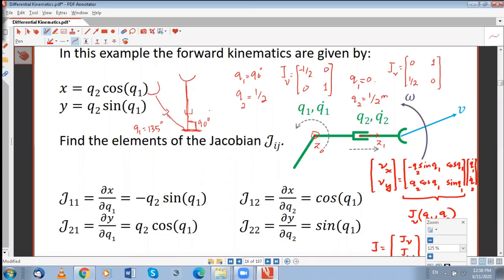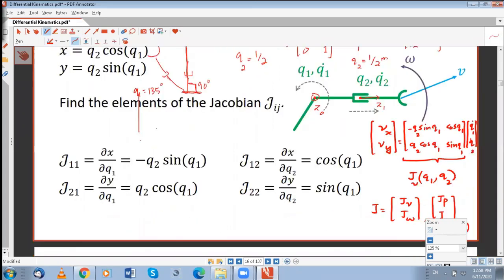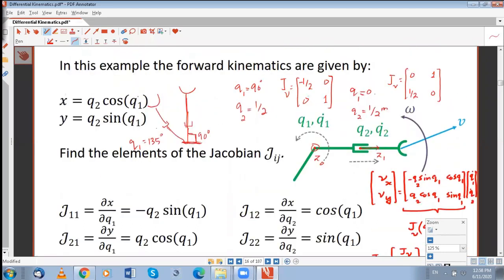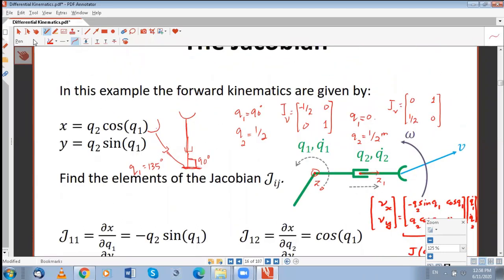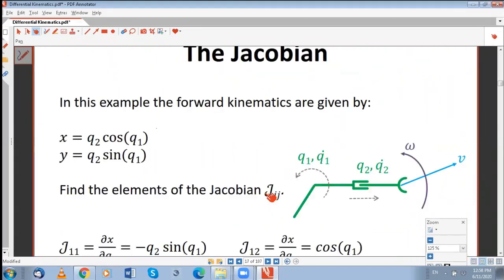Then your Jacobian matrix will change. So the Jacobian matrix is a function of the joint variables, and not only q1 will change the Jacobian, you can make q2 also change. It doesn't always have to be 1 over 2 meters. It could be more or less. Okay, so that is it.